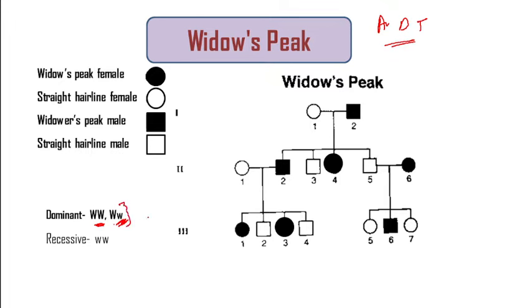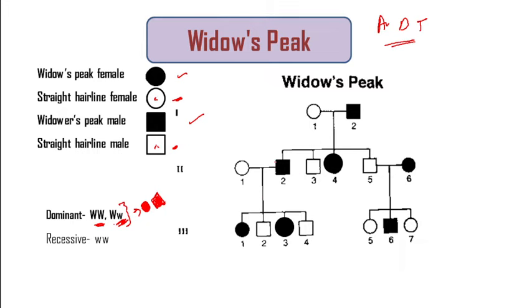In both these genotypes, they denote the individuals which are showing the widow's peak. Widow's peak is the dominant character. It is shown by the solid shaded square or shaded circle. Widow's peak female, widow's peak male, straight hairline female, and straight hairline male are shown by the blank squares and circles.